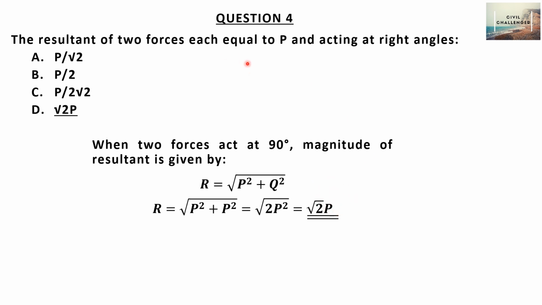Here Q is equal to P because the two forces are equal. Therefore, R is equal to square root of P square plus P square, which is root 2 into P. Therefore, the correct answer is option D. The resultant of two forces, each equal to P and acting at right angles, is root 2 P.